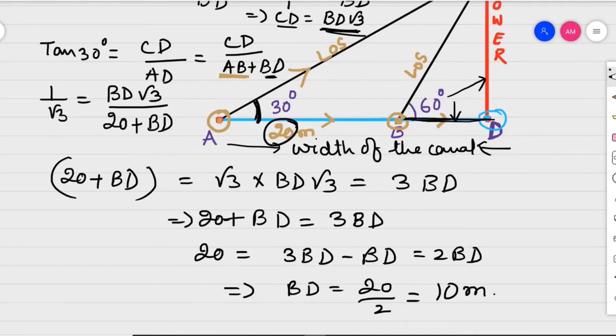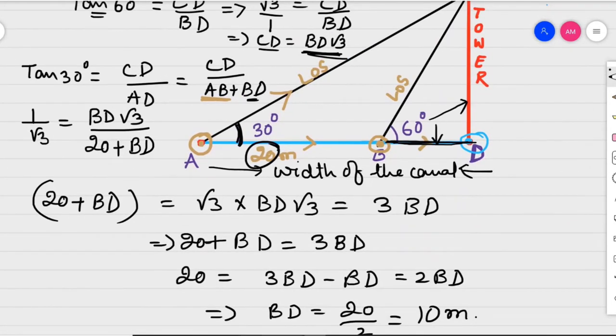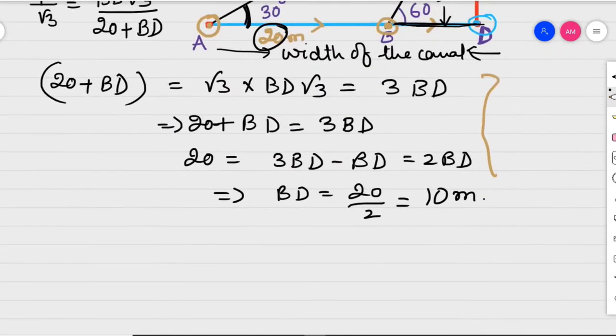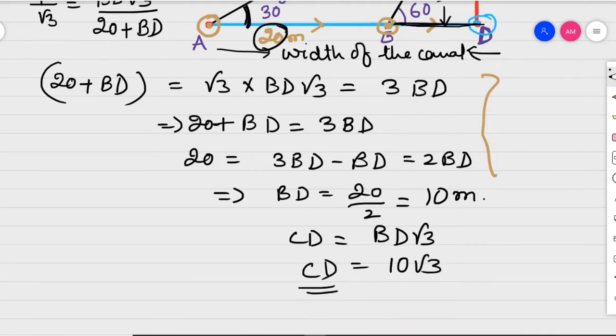10 meters. Now see how much is CD. From here, you know that CD is BD root 3. So what you can write? CD is equal to BD root 3. So that will become 10 root 3. So what was your CD? Your CD was the height of the tower.